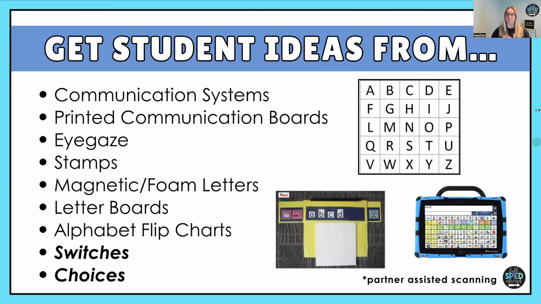Letter boards, that is this kind of letter page. You just show them the board and you do a partner assisted scanning across the page to figure out what letter would you like to say. Oh, you want to say C. Oh, you want to say A. Oh, you want to say T. Okay, cool. You spelled cat. Nice job. And they might spell something that's not a real word.